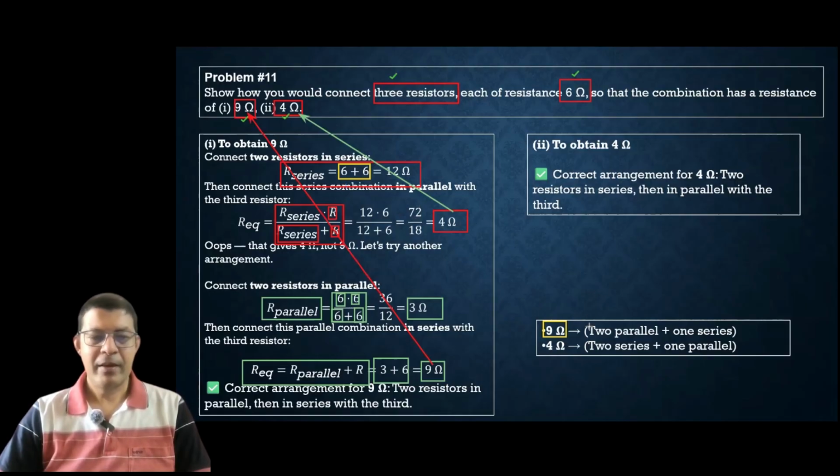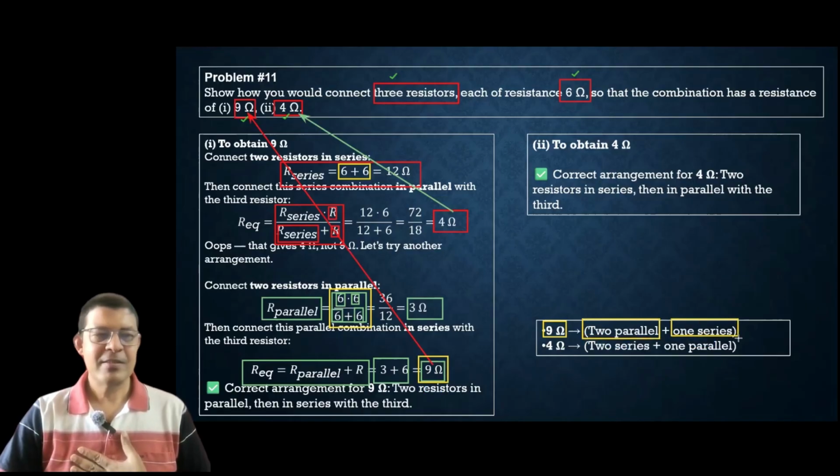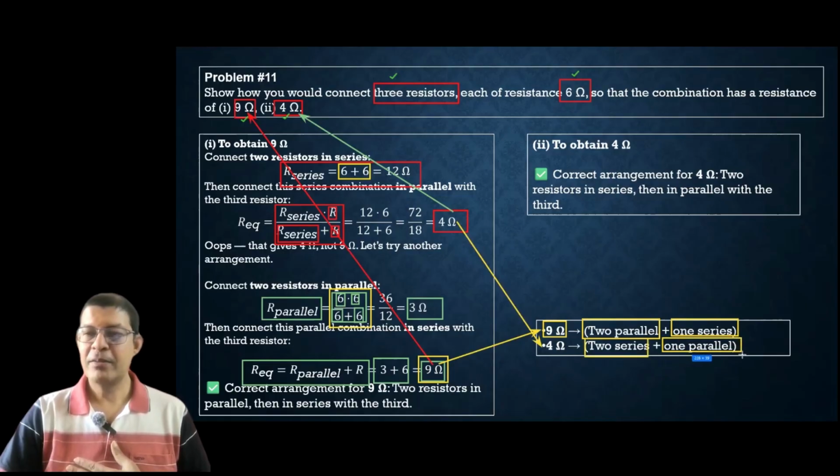Right? Oh, I got it reversed here. Sorry. My mistake. First we take 2 in parallel. This is parallel, right? We got 9 ohm here, right? 2 in parallel and then 1 in series. Okay. This was the matching one. And 4 ohm is matching here. For 4 ohm we take 2 in series and 1 in parallel.